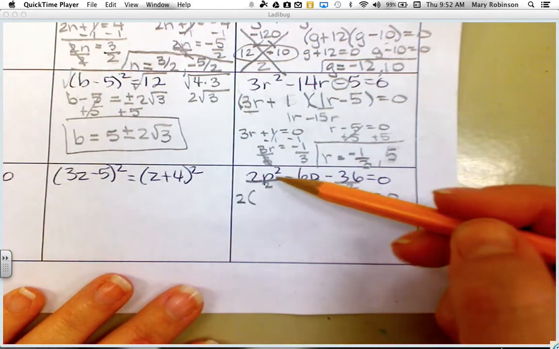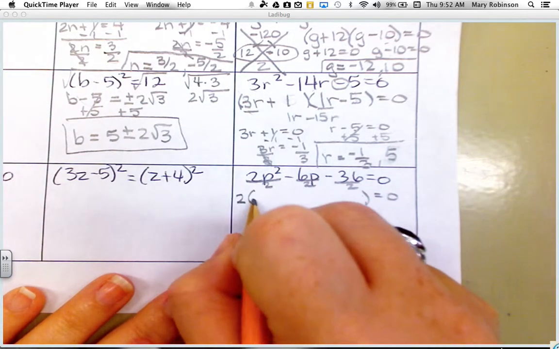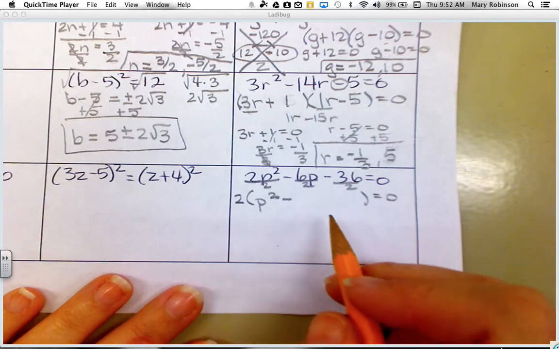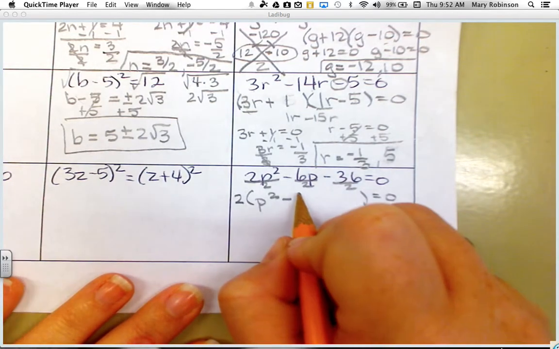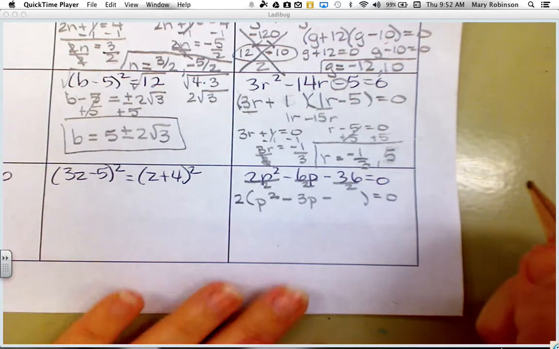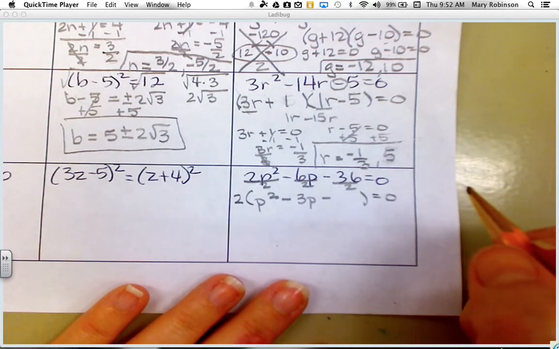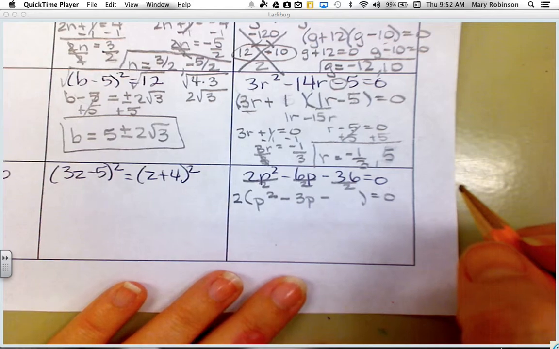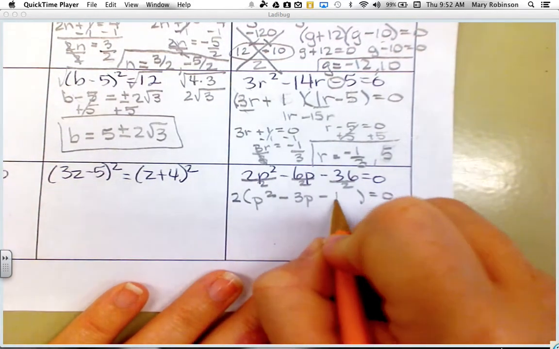So what is 2p squared divided by 2? Just p squared minus 3p minus 18, good.